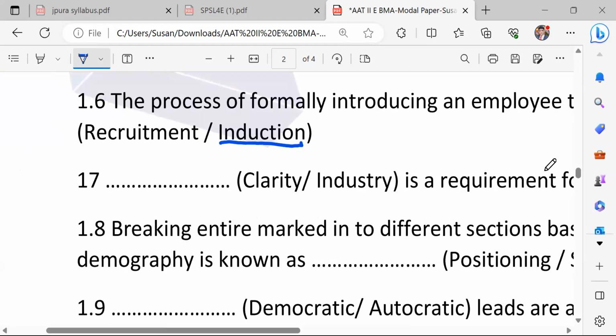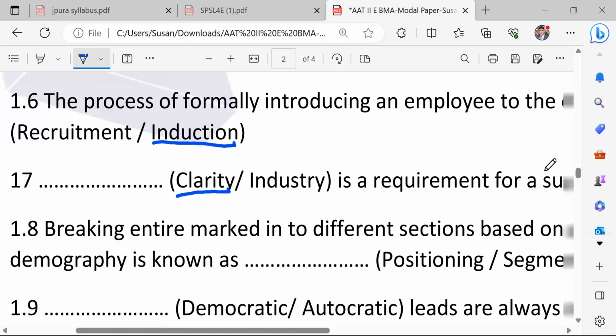There are many requirements in a brand. You can find the answer from the marketing lesson. Clarity is that the brand should be clear. The brand should be understood by other people. Clarity is the requirement. Industry is not a requirement.